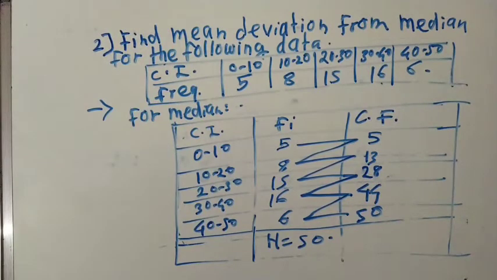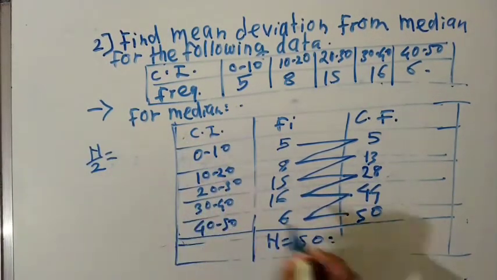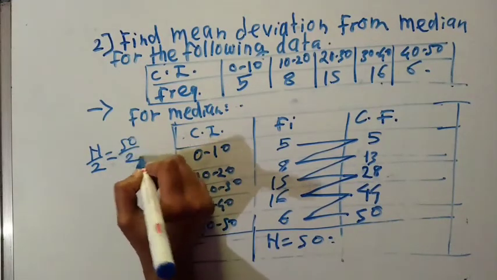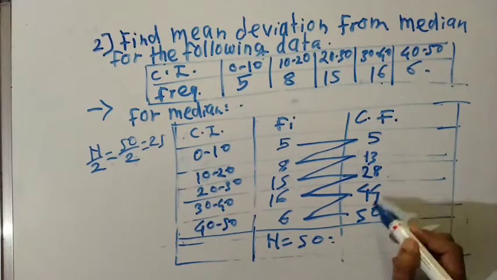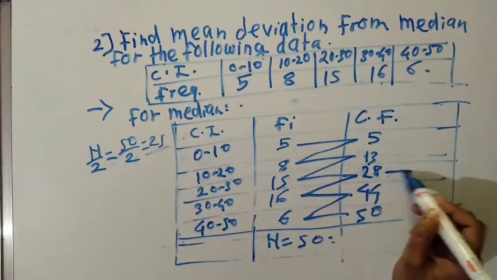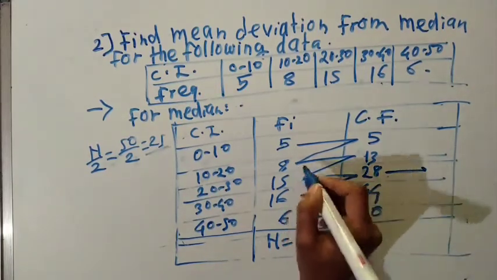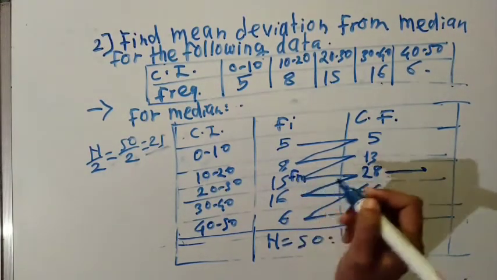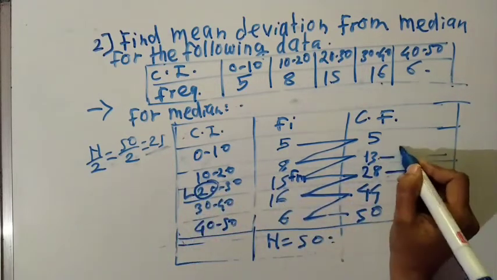Then we find out n upon 2, means 50 upon 2 is equal to 25. Hence median belongs to 25, means this class 20 to 30, and this is fm, this is L, and this is fc.